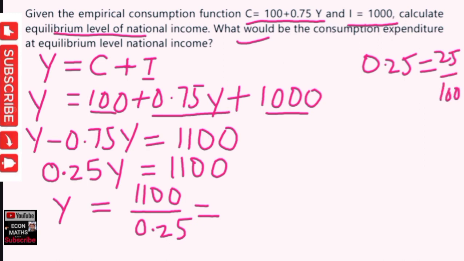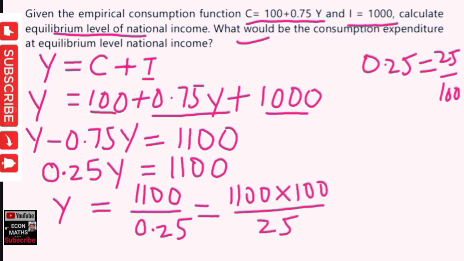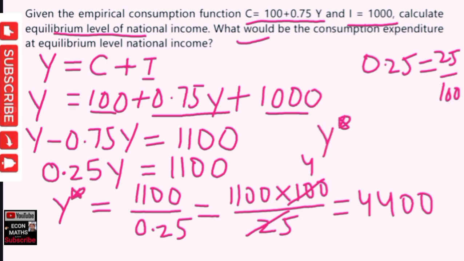So this 100 will become the numerator, this will become 1100 times 100 divided by 25. Now 25 fours are 100, so we get 4 into 1100, that is 4400. That means our equilibrium level of income is equal to 4400.